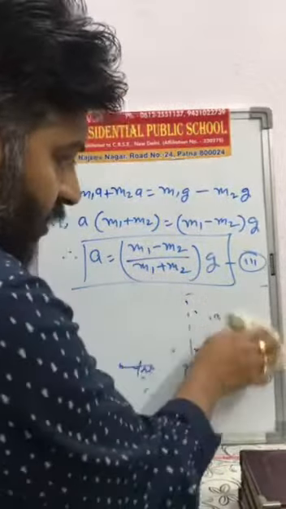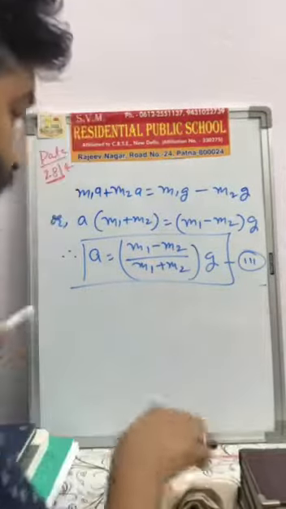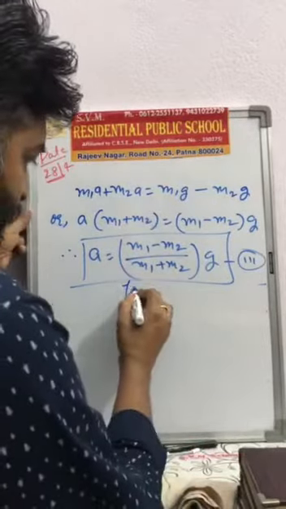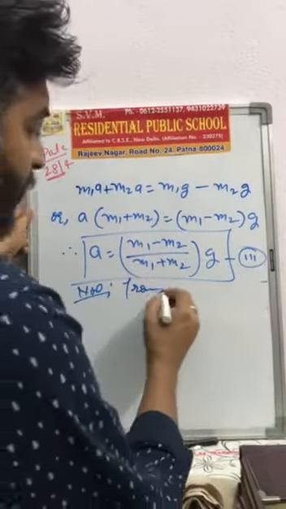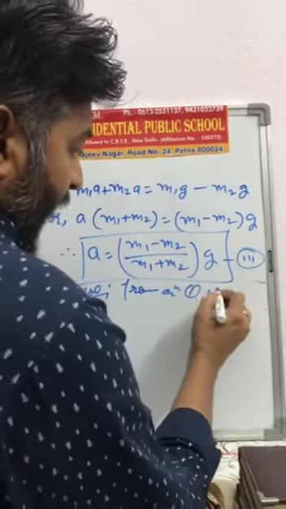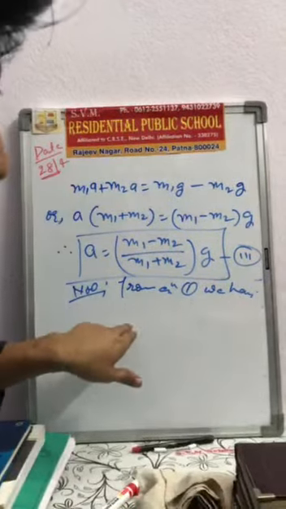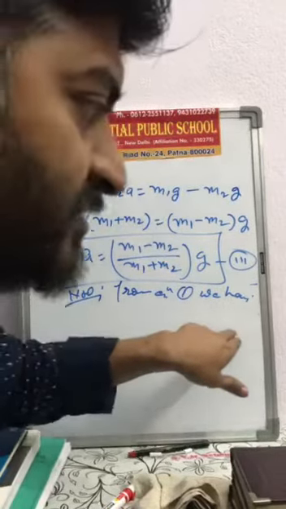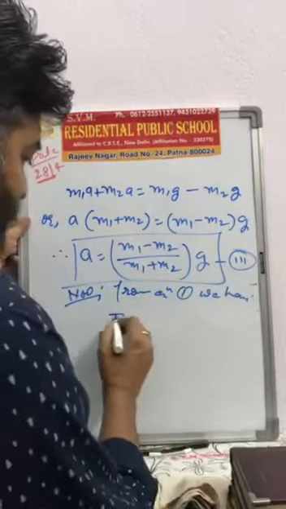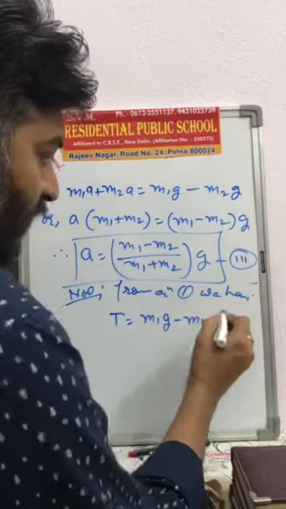This is equation 3, the value of acceleration of the body. Now from equation 1 we have M1A is equal to M1G minus T. So we can say that T is equal to M1G minus M1A.